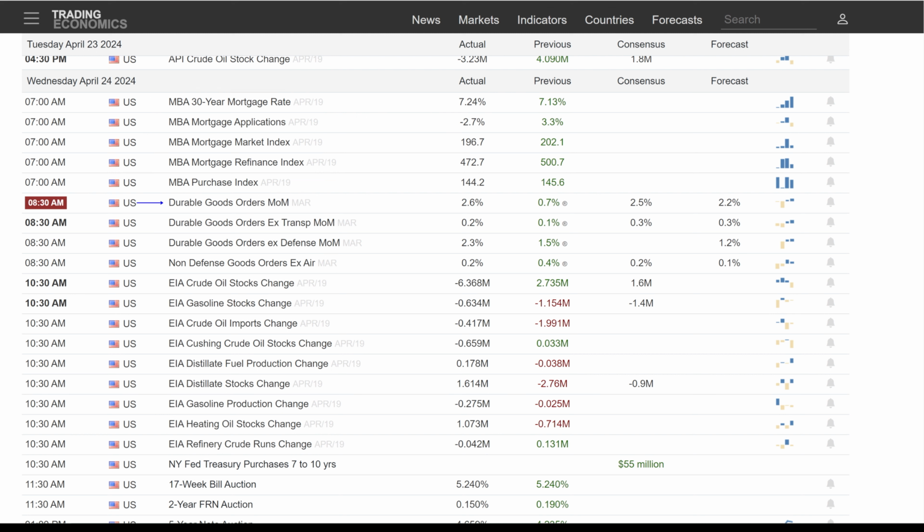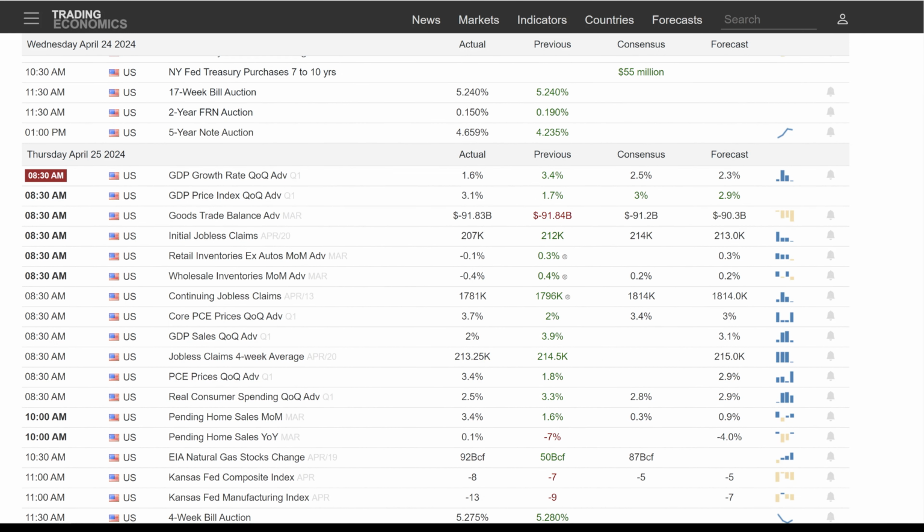On the durable goods front, 2.6, 0.2 excluding transportation, non-defense goods orders 0.2, excluding defense 2.3. All this is basically saying that durable goods are still going higher, still going hot. And look at the increase from the previous one. This is basically pushing prices higher because orders, weight orders, consumer spending, this is all inflationary pressure.